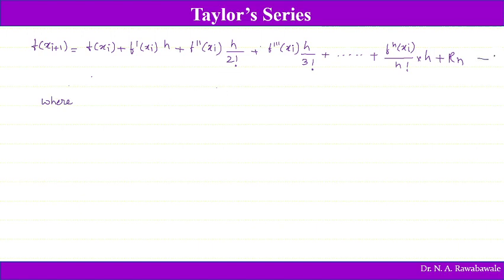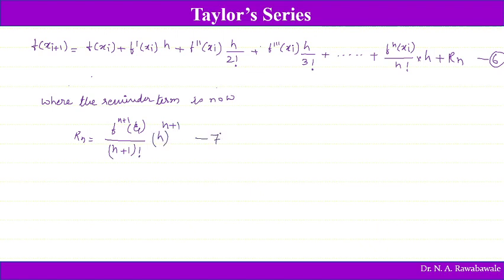This is equation number 6. Where the remainder term Rn is equal to f of n plus 1 of zeta divided by n plus 1 factorial times h to the power of n plus 1.